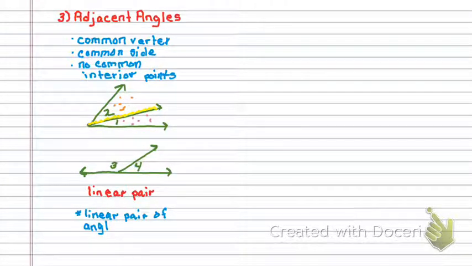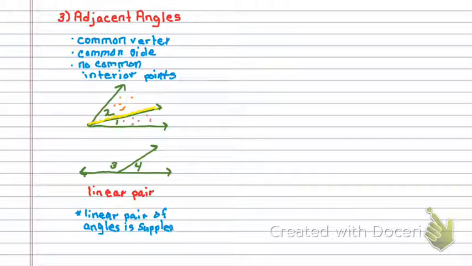And we just talked about how supplementary means that if I add the measures together, the sum is 180 degrees. So if they're a linear pair, that sum will always be 180 degrees because a linear pair of angles is supplementary, which makes sense because if you look, they form a line.